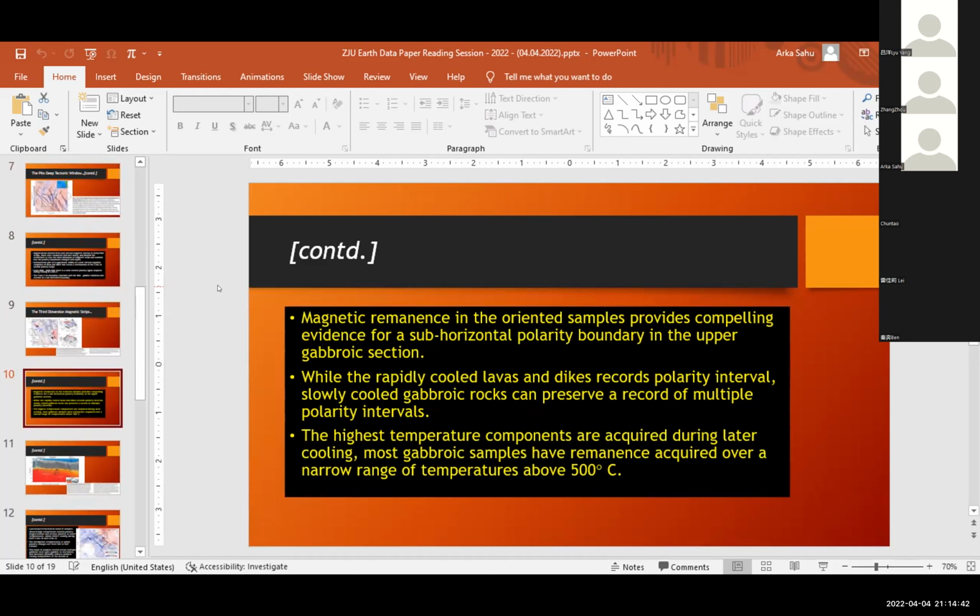The highest temperature components acquired during the later cooling, in most gabbroic samples, have a remanence of 500 degrees Celsius. But this was not in accordance with the isotherms, since the portion they were studying was a fast spreading ridge. So the slow cooling couldn't be explained.